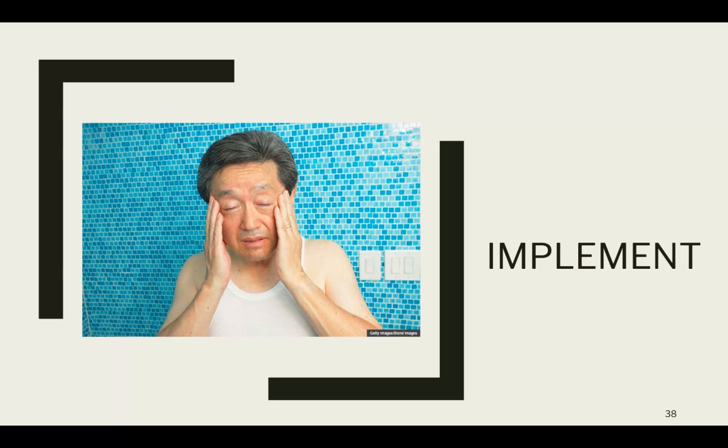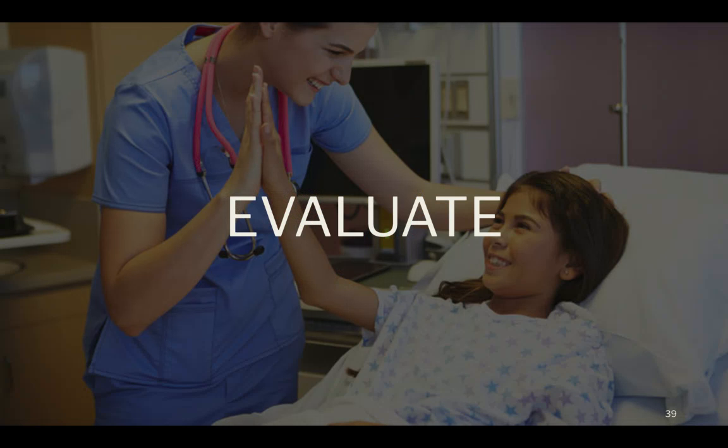These are all examples of independent interventions we could do for flat John. For dependent interventions, maybe we want to get an order for a pain medication. And that would be an example of when we need a provider to write an order to get something for this patient.